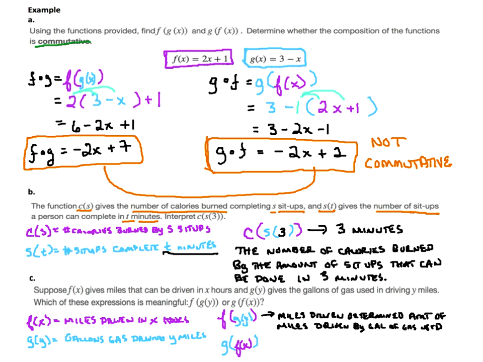Okay, so what this is saying, so the f is miles driven in x hours. So this is saying, can you determine, okay, so g of y is the gallons of gas used in driving y miles.